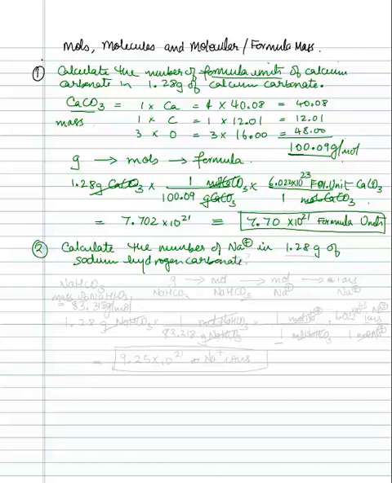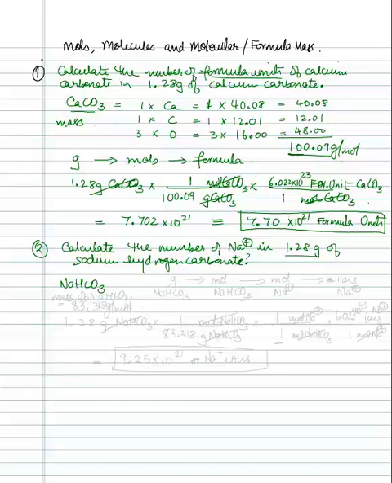Again, nomenclature, you have to know that. So you know that sodium hydrogen carbonate is NaHCO3. Let me write our strategy first, so that you know where we are going with this. You're supposed to calculate the number of sodium ions in 1.28 grams of sodium hydrogen carbonate.